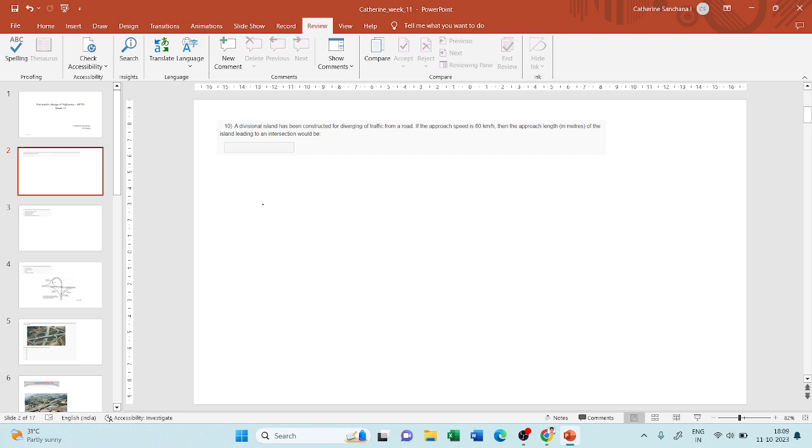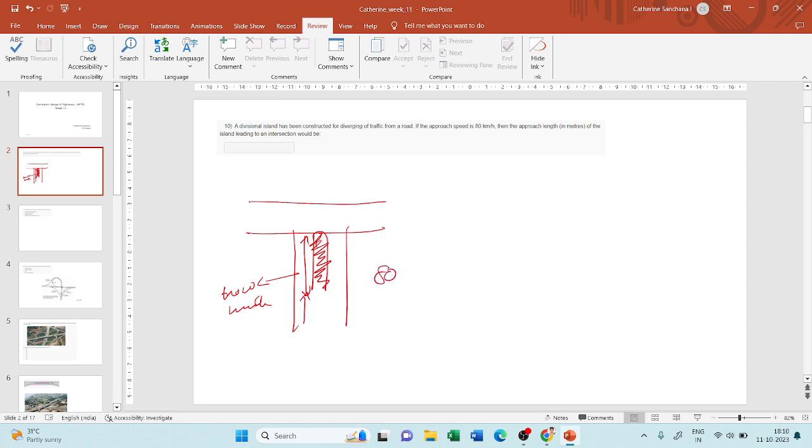They are saying that it is provided at an intersection, to align the traffic. Now this length, they are asking how much it should be. This is called the approach length, and they are asking how much it should be if the approach speed of the vehicles in this arm is 80 kilometers per hour.